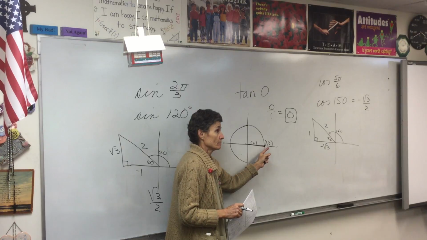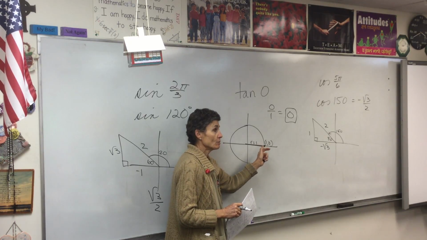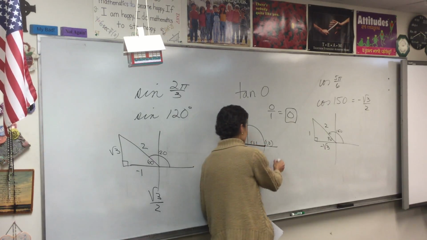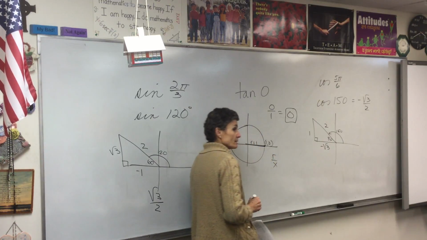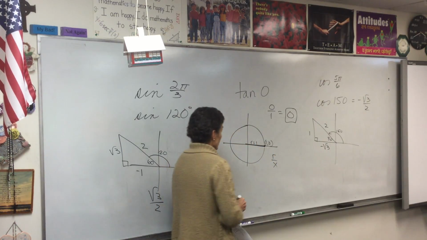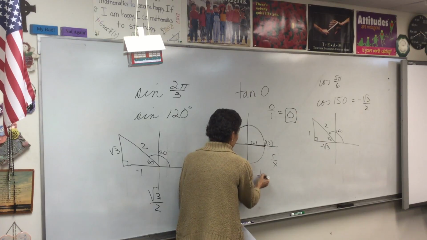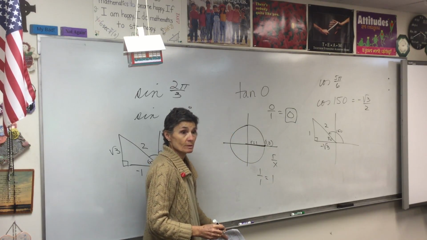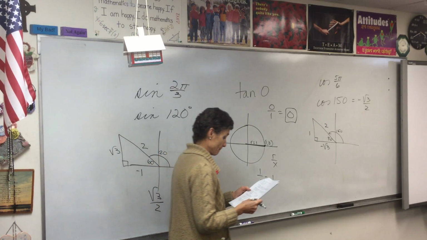That'd be the reciprocal of cosine. Okay, cosine is x over r. So secant would be r over x. That'd be 1 over 1, or 1. So the secant is 1.